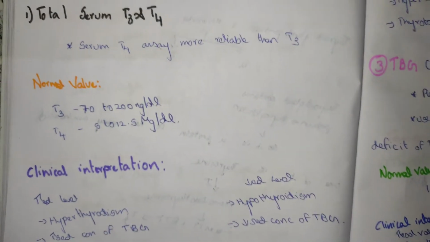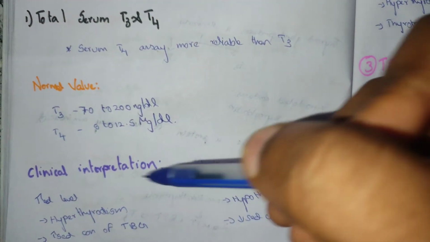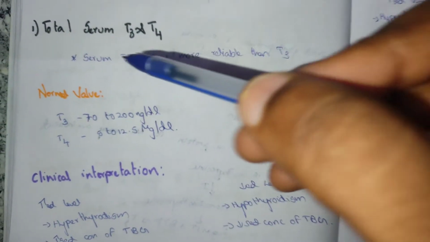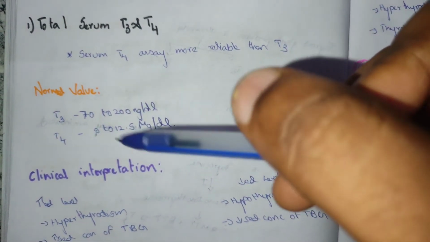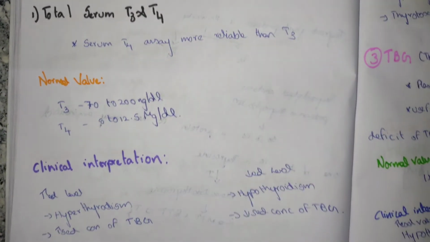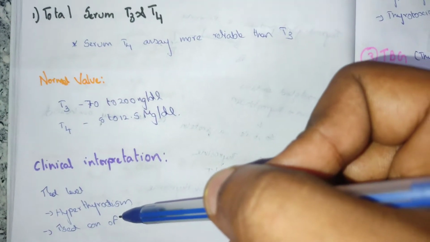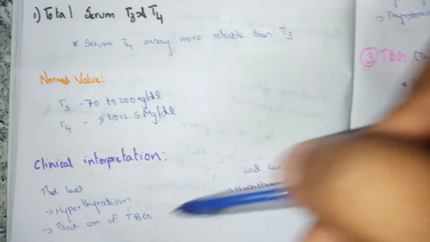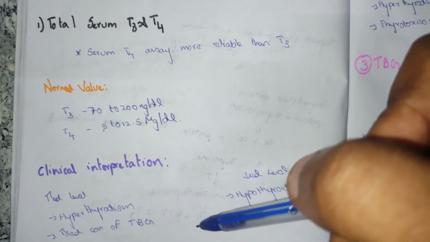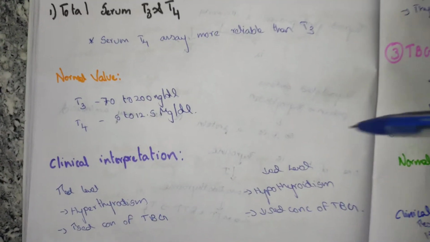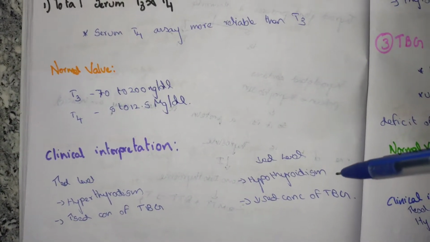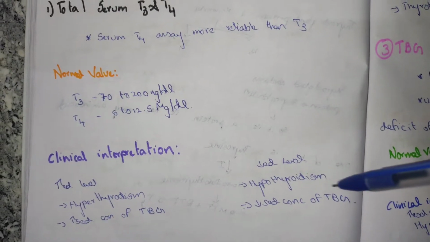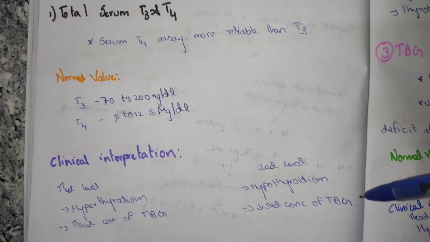For clinical interpretation, the level of T3 as well as T4 is increased in hyperthyroidism and increase in thyroxine binding globulin, and decreased in hypothyroidism and decreased concentration of TBG.